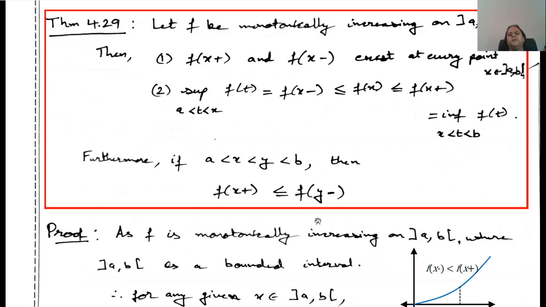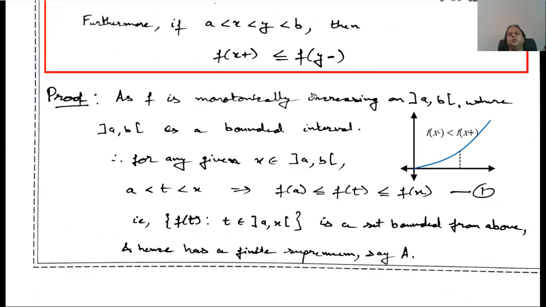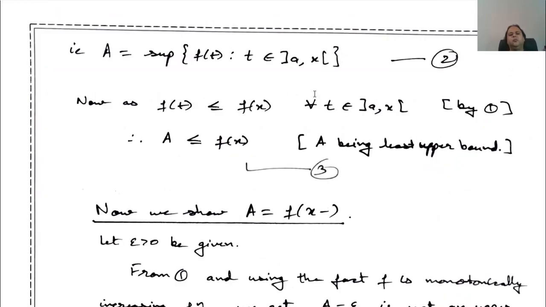So these are the two parts of the proof, and that's how we are able to prove it.